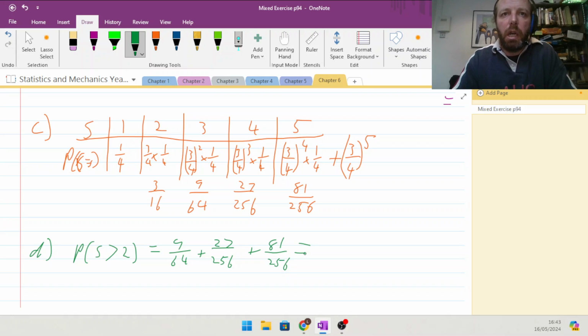And that equals where are we at? 9 over 64 is 36 over 256, plus 27 plus 81 over 256. 9/16. That's the probability of S being greater than 2.